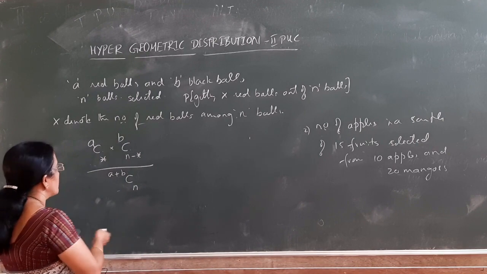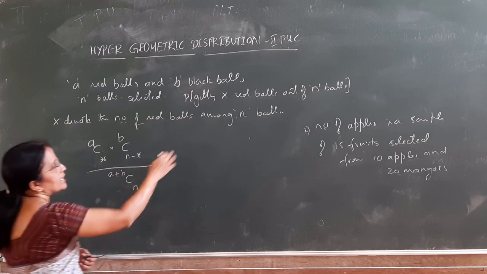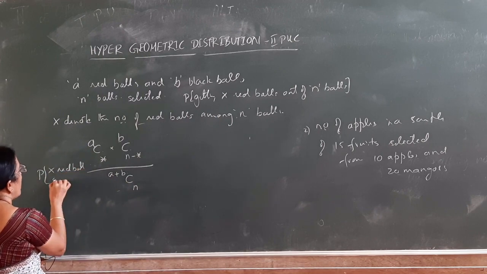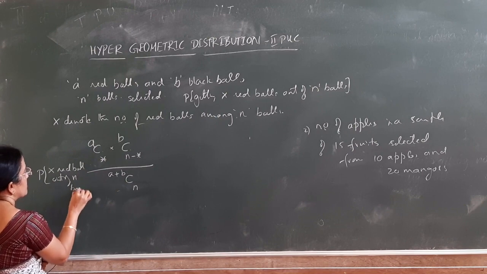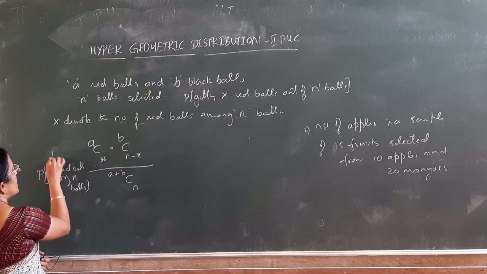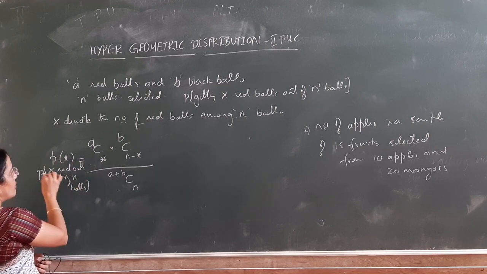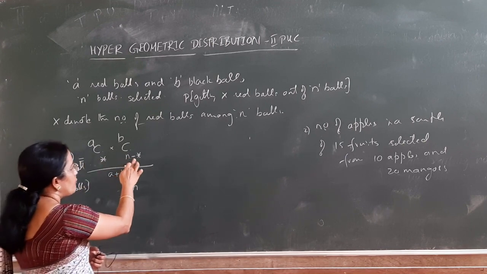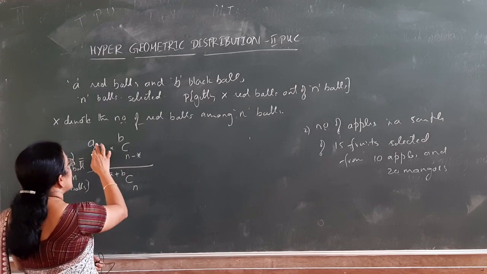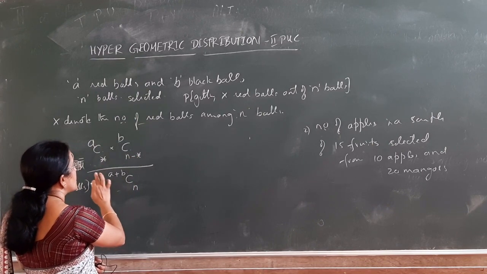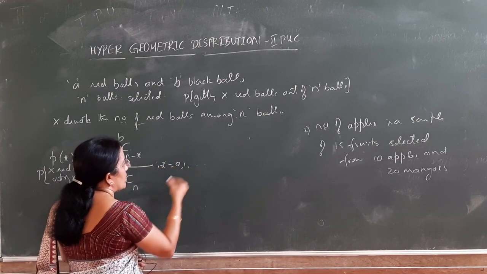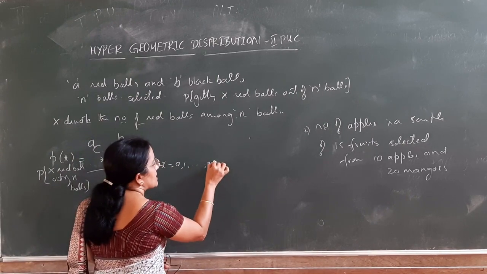Therefore, the probability of getting x red balls out of n balls, which we can simply write as P of x, is equal to the number of favorable outcomes divided by the total number of outcomes, which is ACx into BCn-x divided by A+BCn, where x is equal to 0, 1, 2 up to the minimum of A and n, as we have seen in the last class for the range.